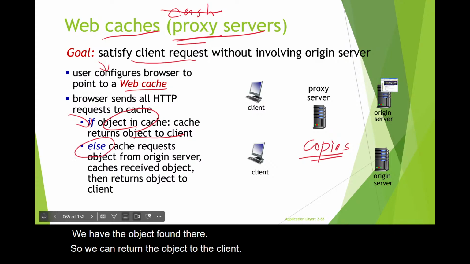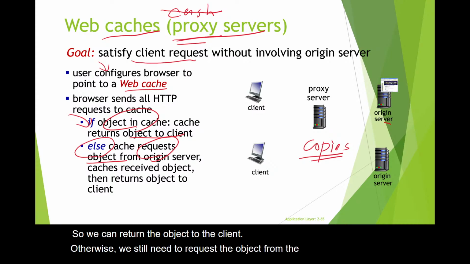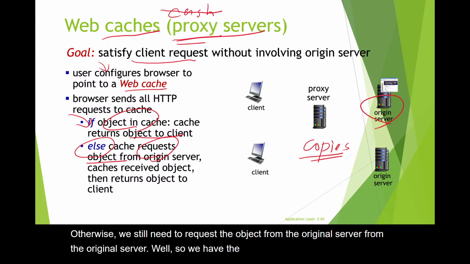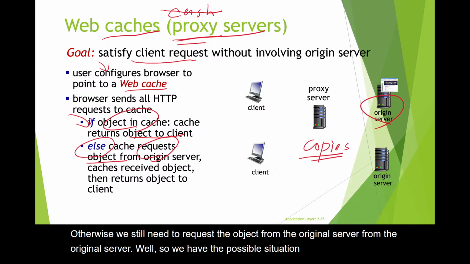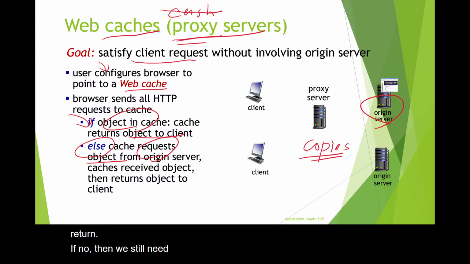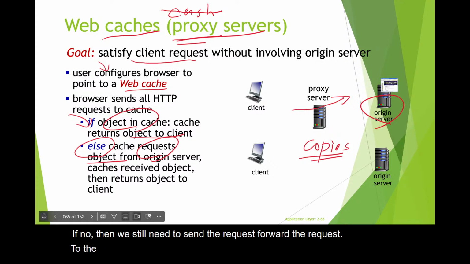Otherwise, we still need to request the object from the original server. So in the possible situation where it is found, we can return it. If not, we still need to forward the request to the original server. So this is the idea of web caches.